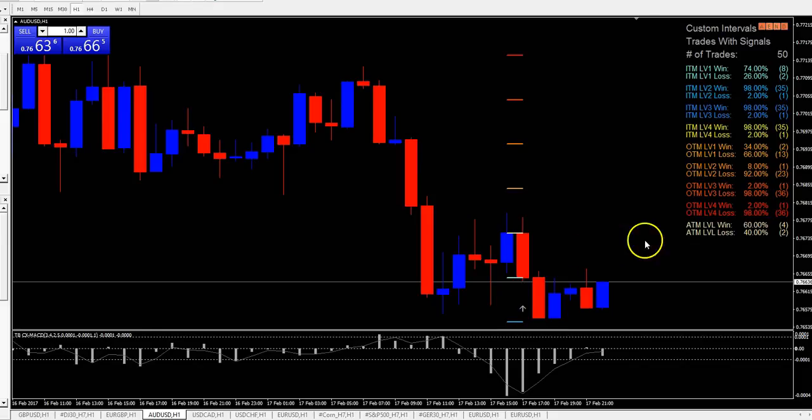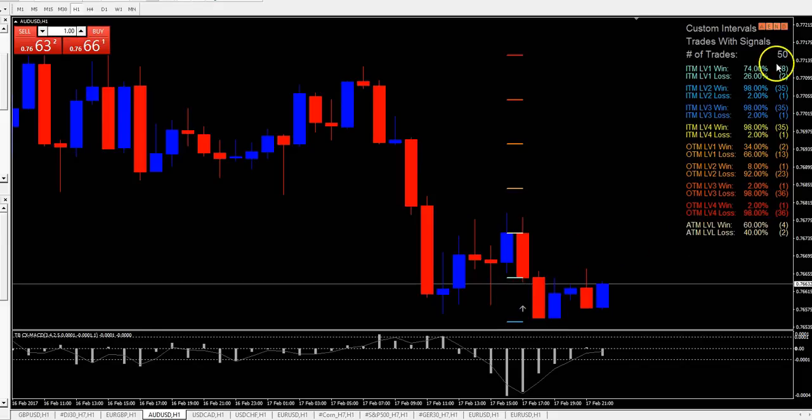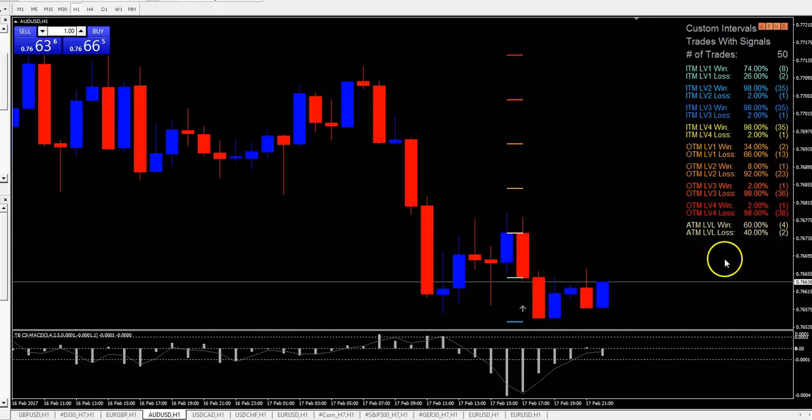So if the past 50 trades have closed profitable 60% of the time, if this one closed profitable, it's going to change this percentage. It's going to go up to 61 or 60.5 or whatever. So it does not take into account the open trades, because until they're closed, we don't know the probability of it closing except for what we can see in the past.